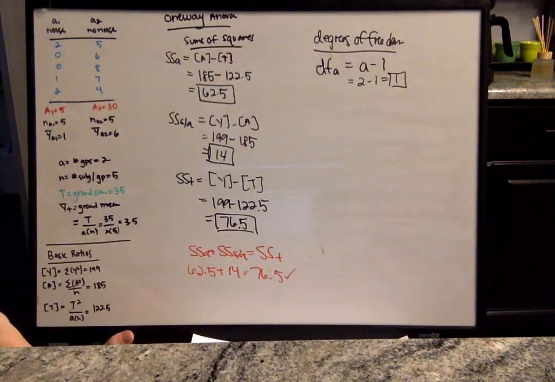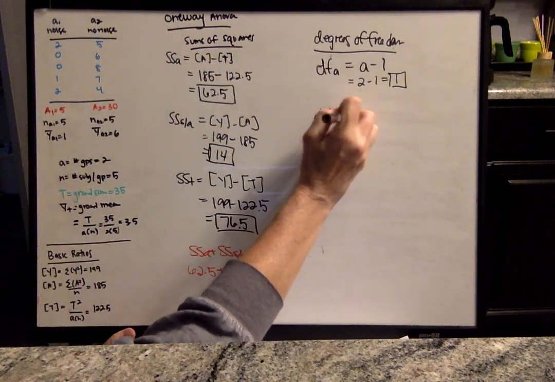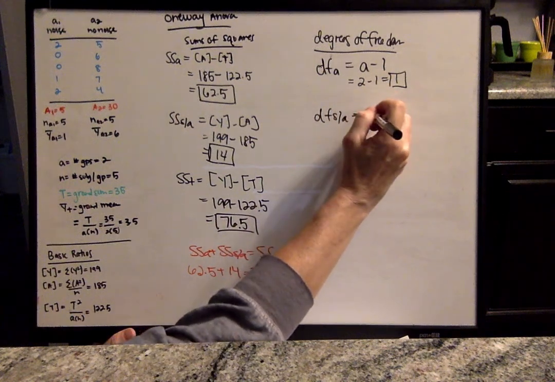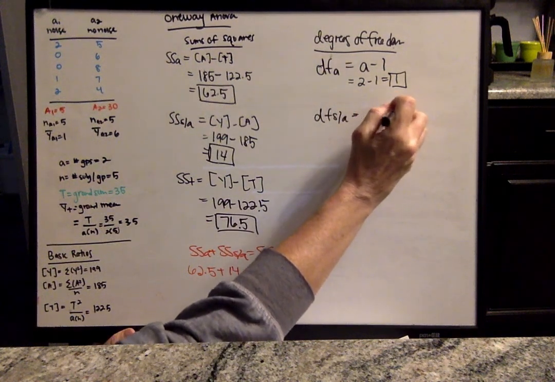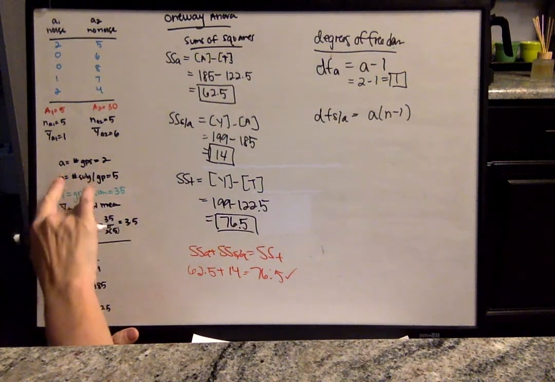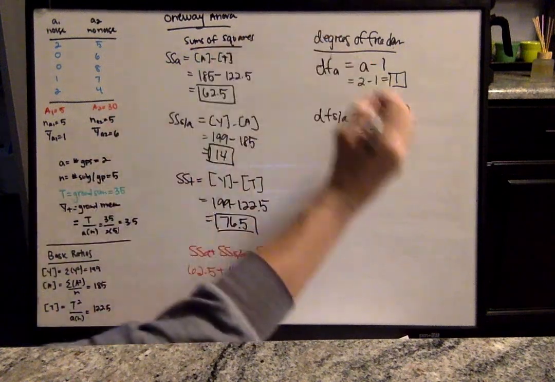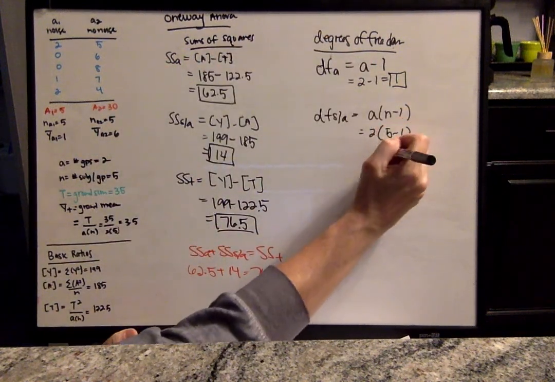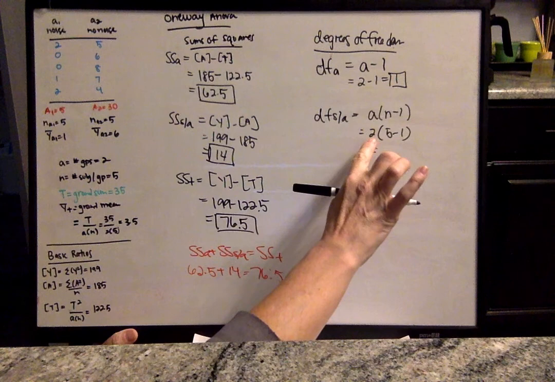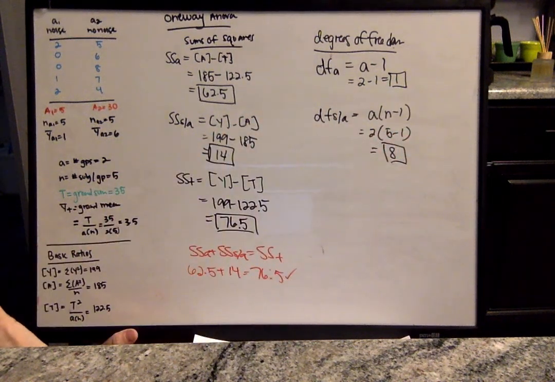So degrees of freedom A is 2 minus 1, which is 1. Next, we're going to do our degrees of freedom S over A. The formula for this is little a times the quantity n minus 1. Our little a is 2, our little n is 5. So 2 times the quantity 5 minus 1 is 2 times 4, which is 8.